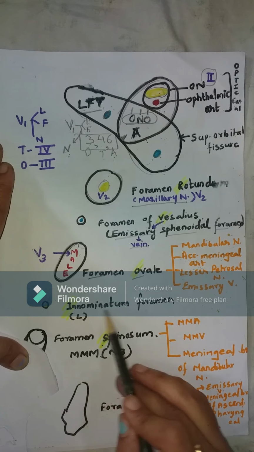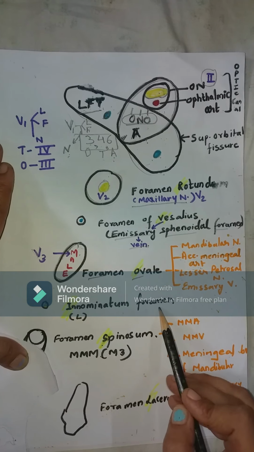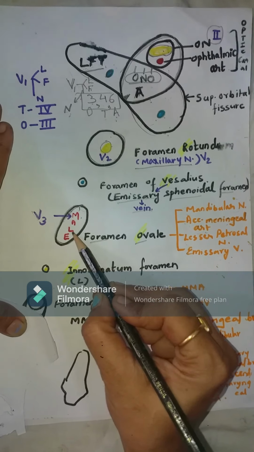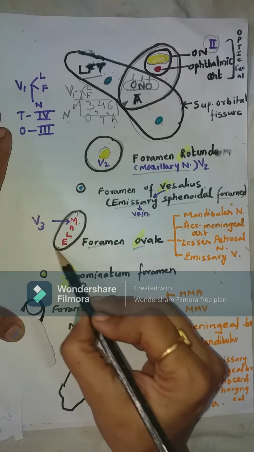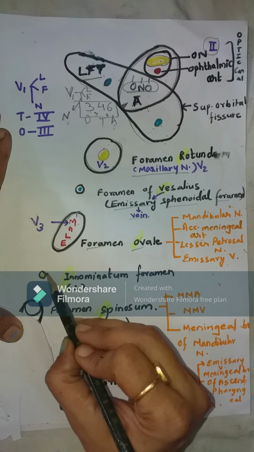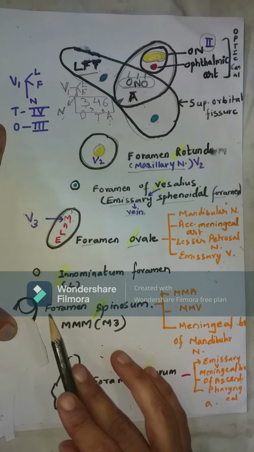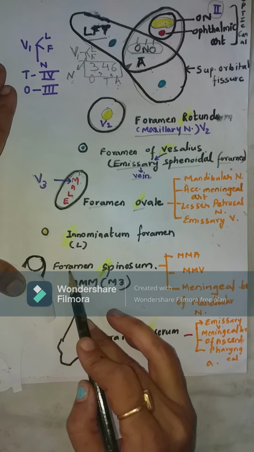What passes through foramen innominatum? If this is present, then the lesser petrosal nerve, instead of passing through the foramen ovale, will pass through foramen innominatum.